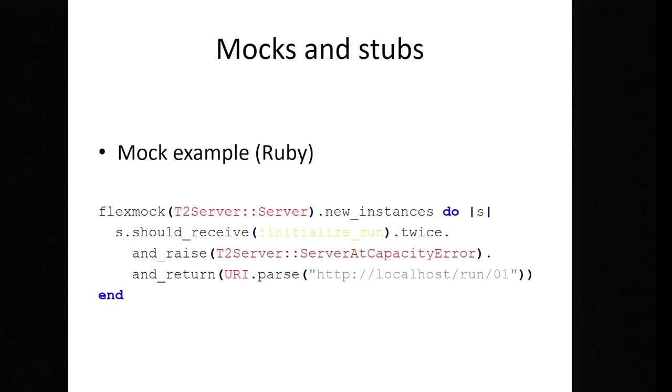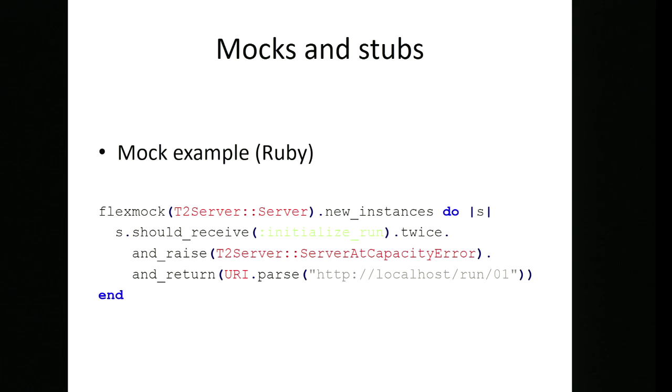And then the next time, it's going to say, okay, we're okay now, I've done this complicated thing, and I'm going to return you an address to the thing I've just made for you. At no time does initialize run actually call out to the external service. It's all faked, and the mock is just pretending that it's at capacity, and then pretending that it's done some complex thing and returned what we'd expect it to return.